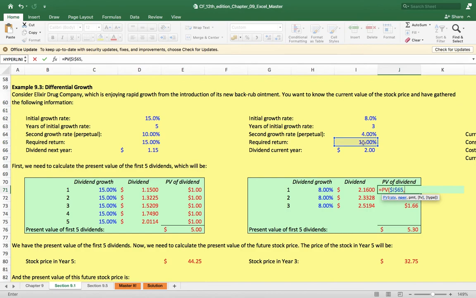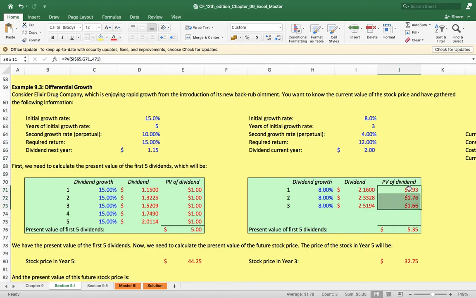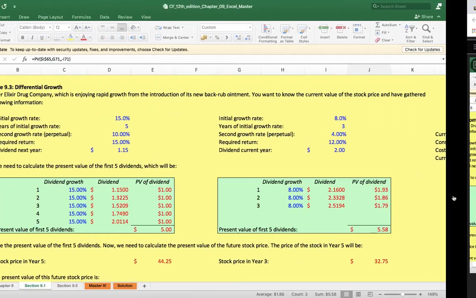NPER is year number 1, comma, PMT, no payment in between. Future value is equal to minus 2.16. Bracket close. Enter. So 1.93. So once you do that, you can make like this. So it will give you the value.